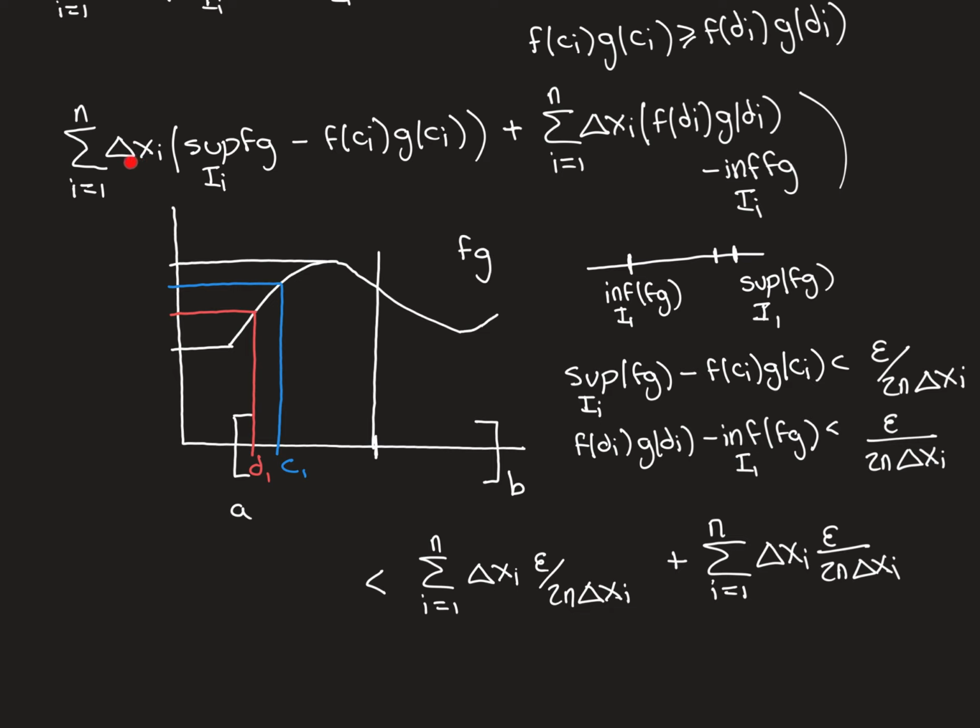Then you can take the delta xi in each case and you can multiply through by it.